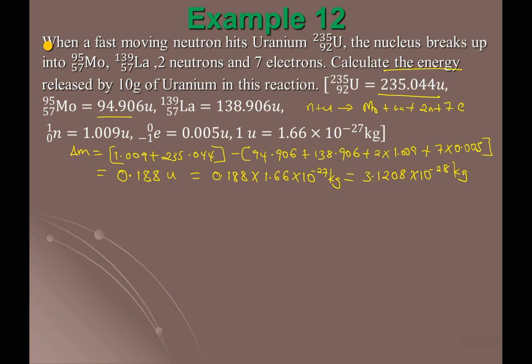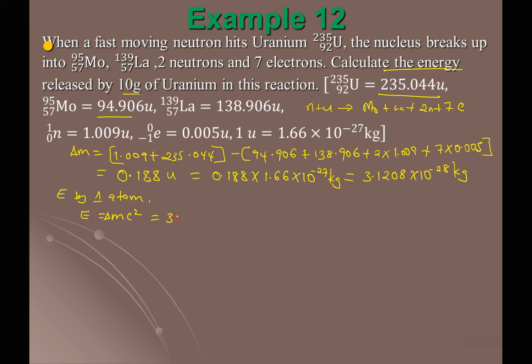Calculate the energy released by 10 grams of uranium in this reaction. Let's first find the energy released by one atom. We know that energy is equal to delta m c squared.